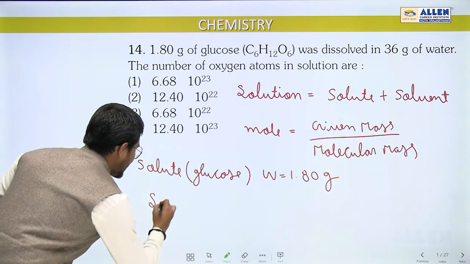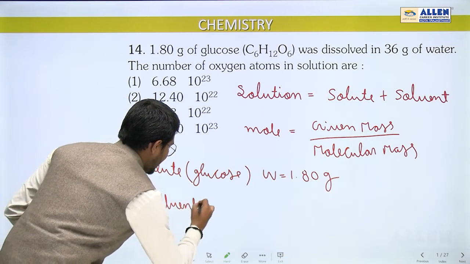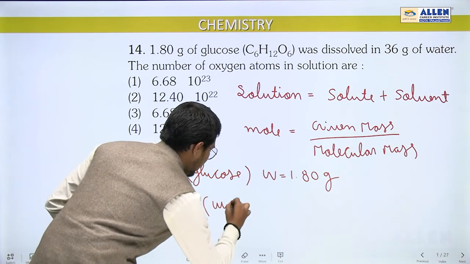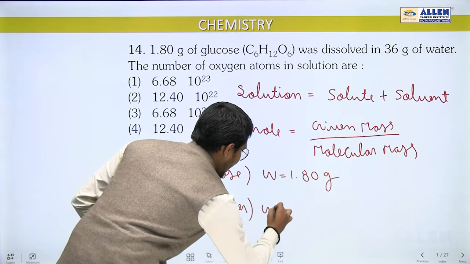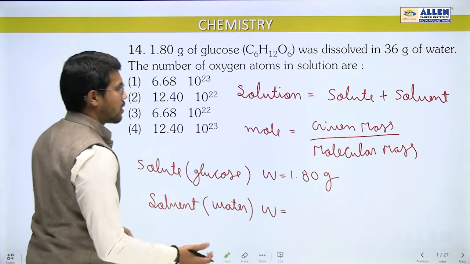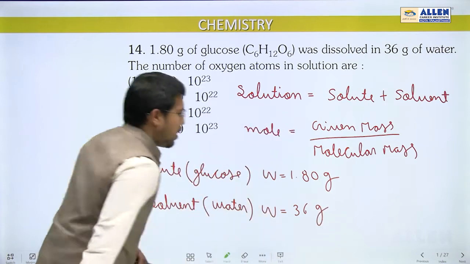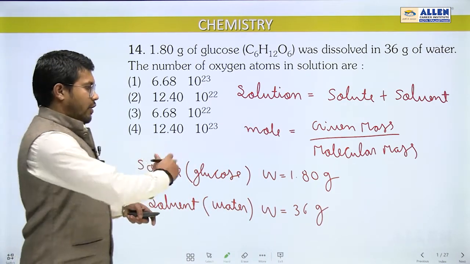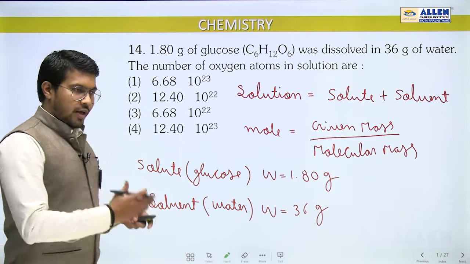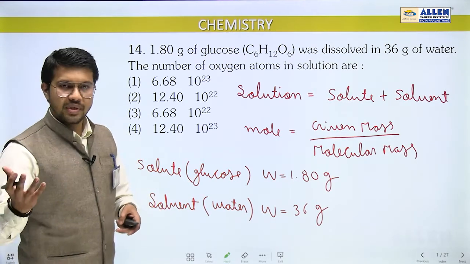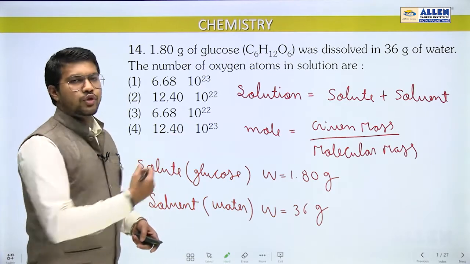The solvent is water, and the given mass is 36 gram. First of all we will find out moles, and we know how many atoms or molecules are present in 1 mole. Through that approach we will solve this question.